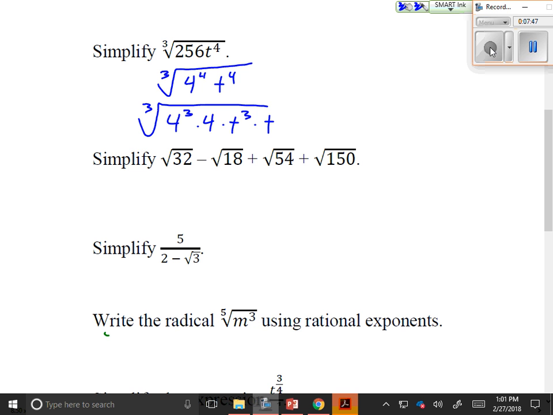That's the same as t to the 4th. But the reason that helps is because that can come out as just 4. That can come out as just t. 4t outside the cube root. And this 4 and this t stay underneath the radical.